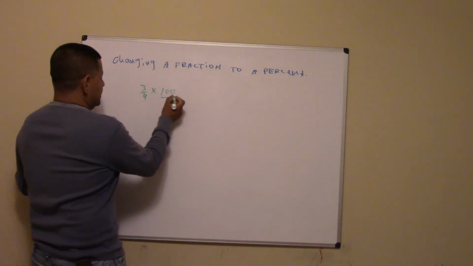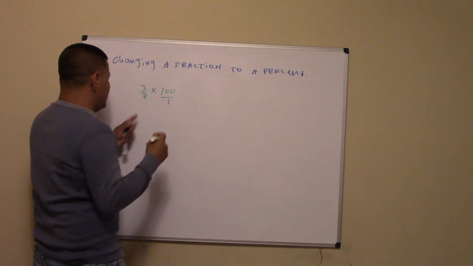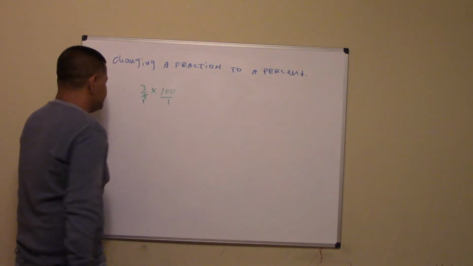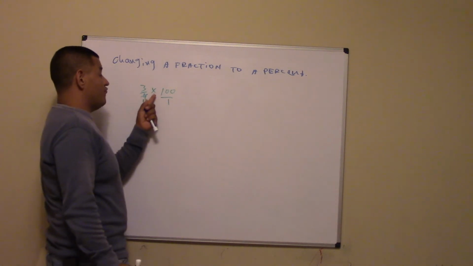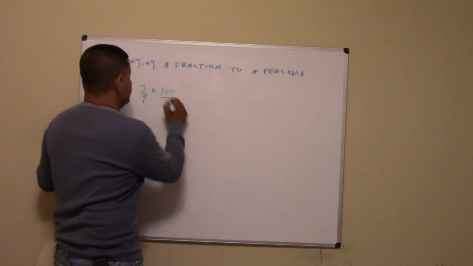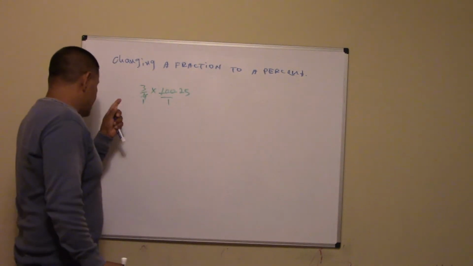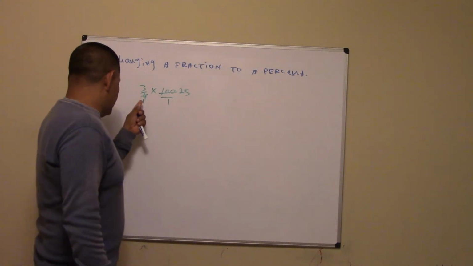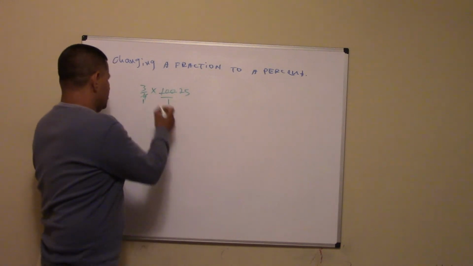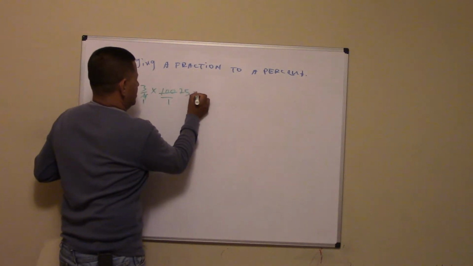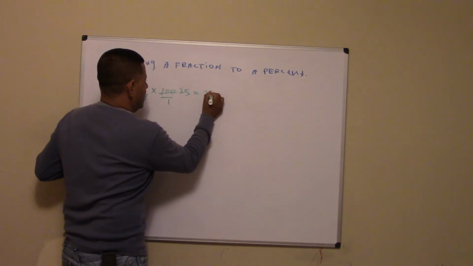Okay, so let's see, how many times does 4 go into itself? It equals 1 time, right? How many times does 4 go into 100? It goes 25 times, right? And then all you have to do at this point is multiply 3 times 25, which is 75, right?